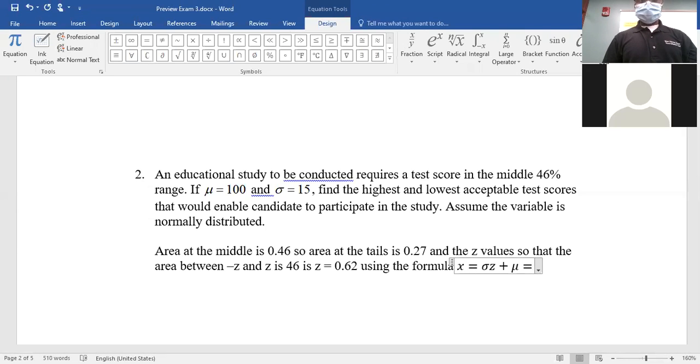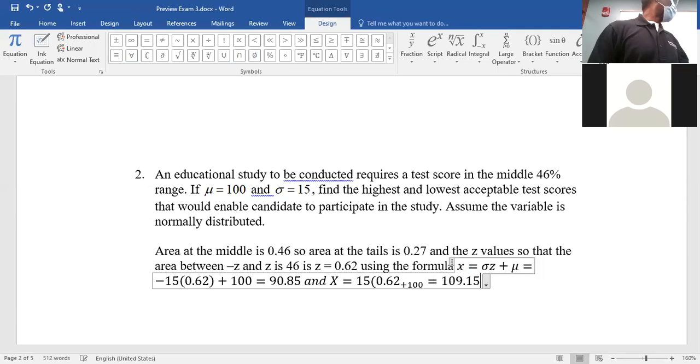That gives us minus 15 times 0.62 plus 100, which equals 90.85, and x equals 15 times 0.62 plus 100, which equals 109.15.